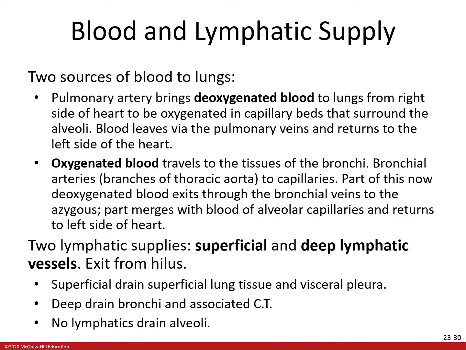Okay, so moving away from structures and into blood and lymphatic supply, because obviously the lungs are going to need a lot of both, right? So there are going to be two sources of blood to the lungs, which we have already discussed before in the cardiovascular system.